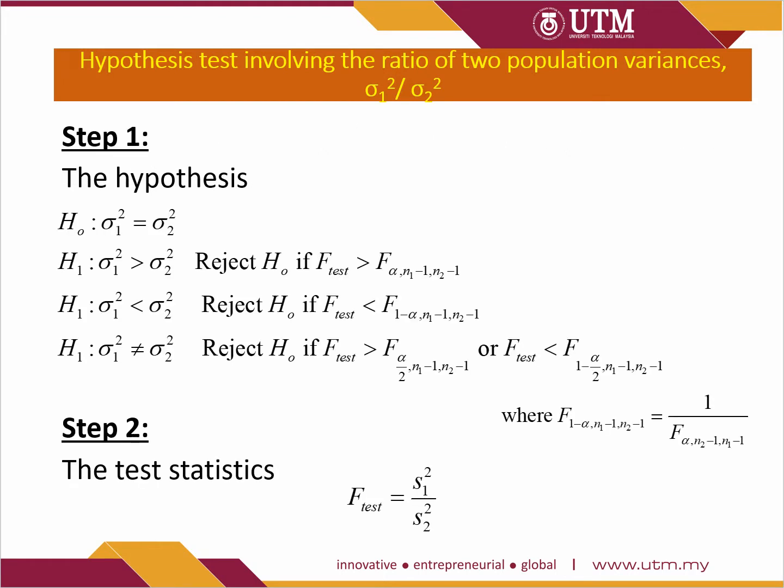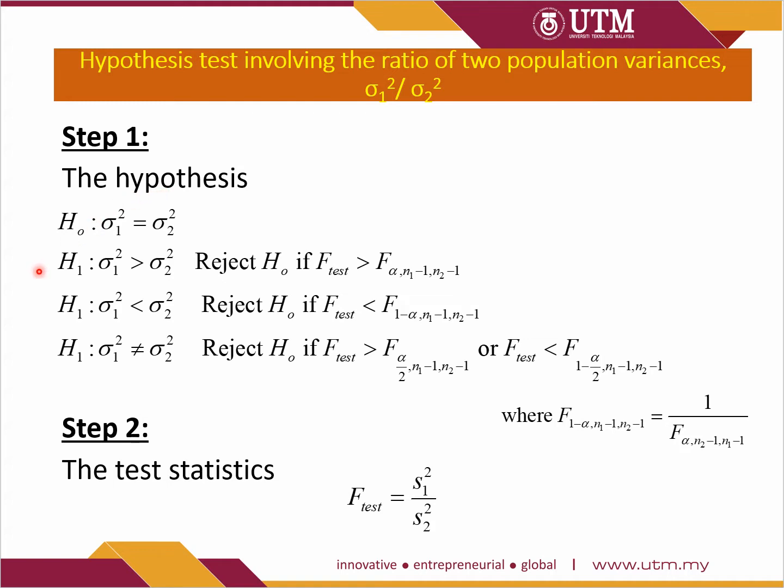For this test, the null hypothesis is given as the population variance from population 1 equals the variance from population 2.